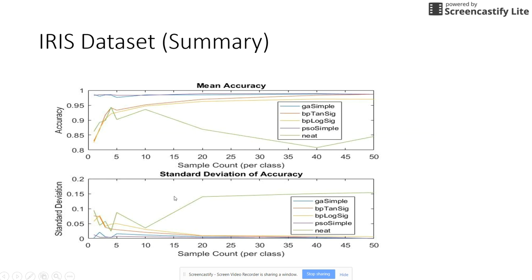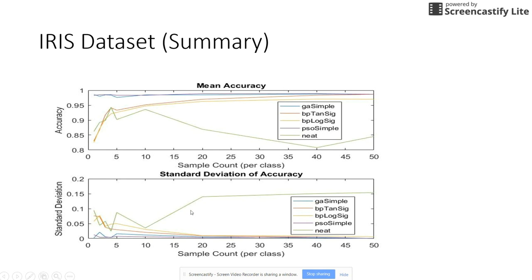Let's start with the Iris dataset. This is the mean accuracy and standard deviation for various sample sizes. The sample count is per class. We can clearly see that genetic algorithm and particle swarm optimization have very high accuracy and very low standard deviation. The standard deviation actually tells you how reliable the algorithm is.